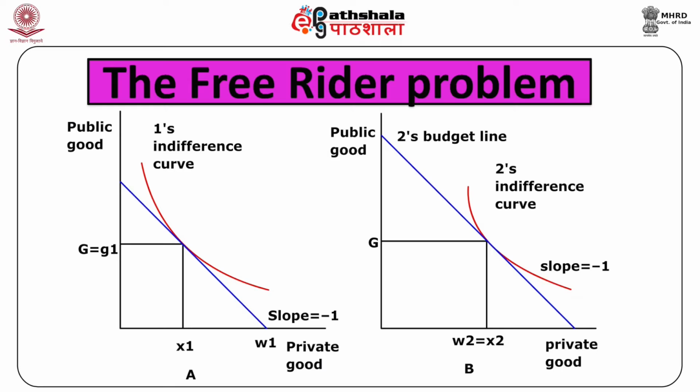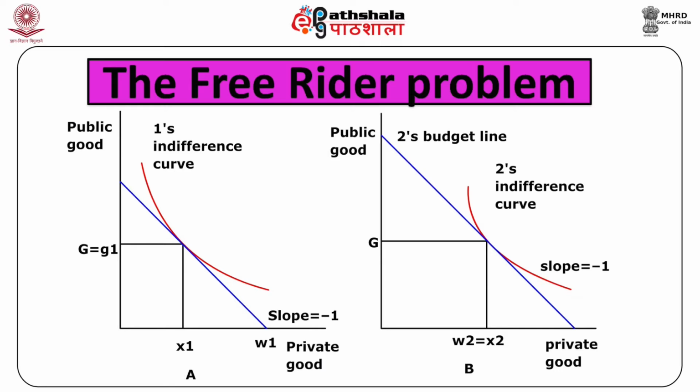Figure 4.1a shows a case where person 1 is the only contributor to the public good, so that G1, the amount of public good purchased by person 1, equals G, the total amount of public good.